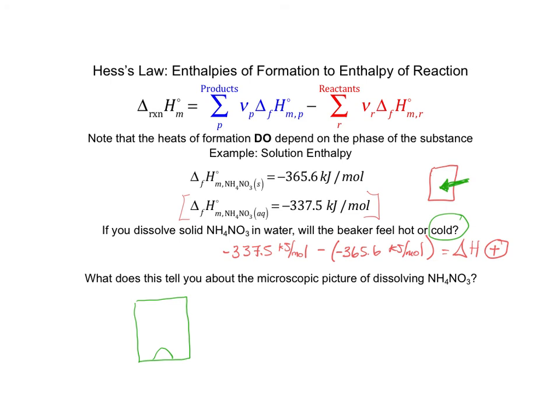We start with our NH4NO3 solid with water around it, and we go to our water with ammonium nitrate dissolved. We would normally think that our gut reaction would be more microstates.